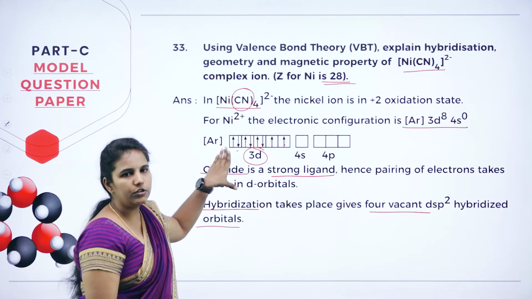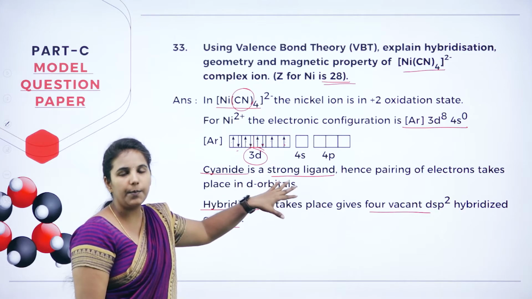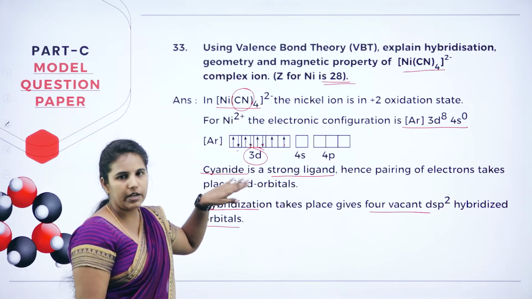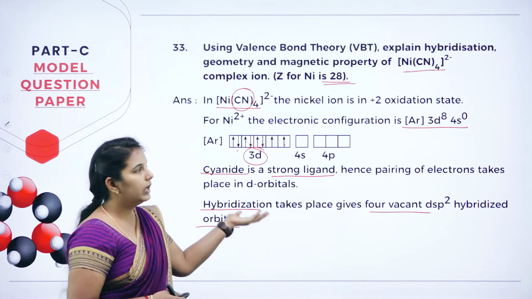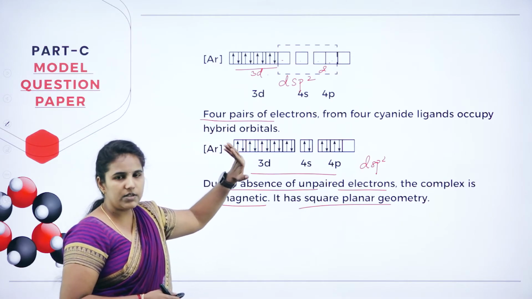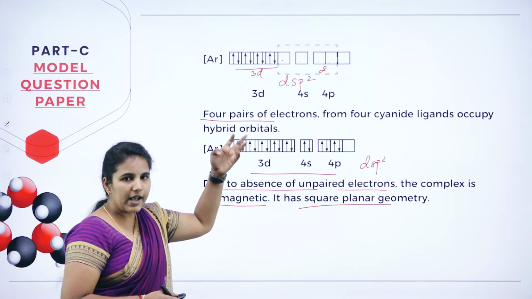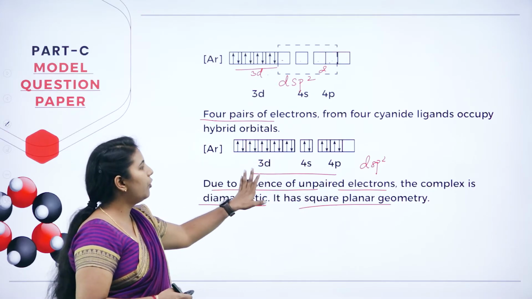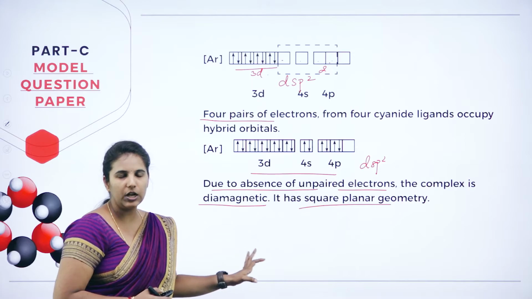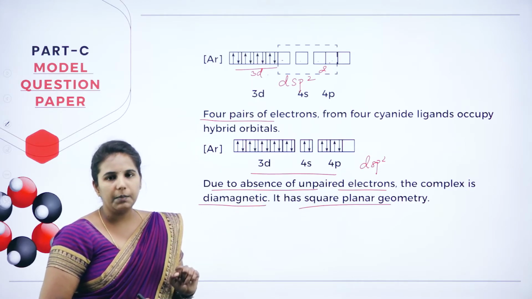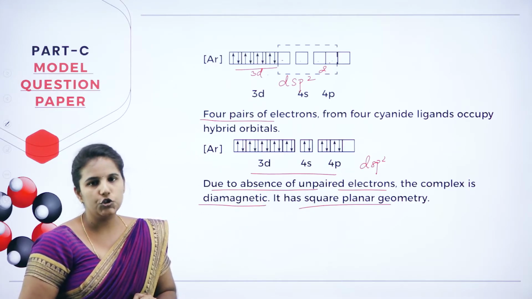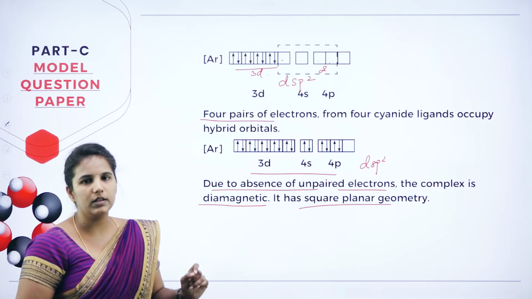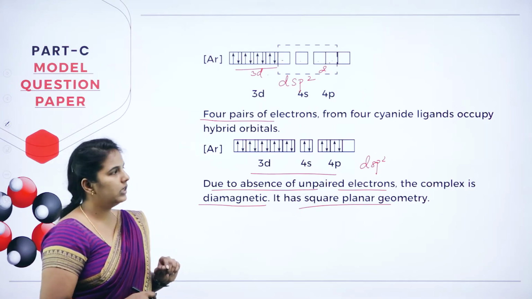After that, you need to show how many electrons are unpaired in the ground state. Due to the strong ligand, when they pair up, it gives 4 vacant spaces that are attacked by the 4 cyanido ligands to form dsp2 hybridization, and then say the magnetic behavior and also the geometry. If you write this properly, you will get 3 marks.